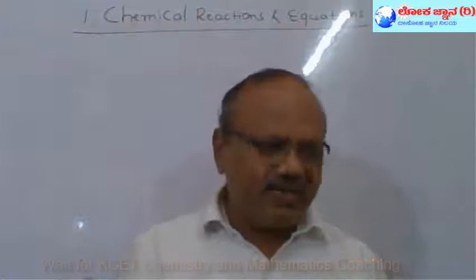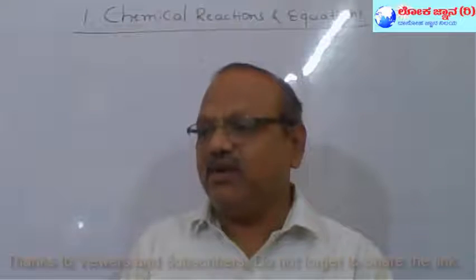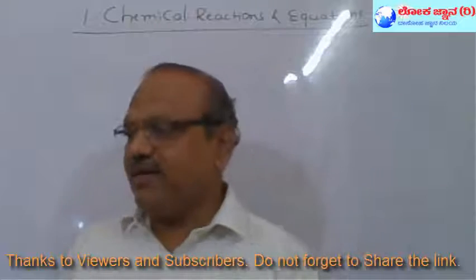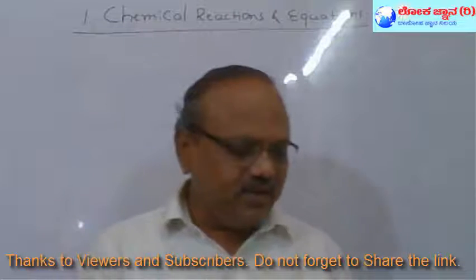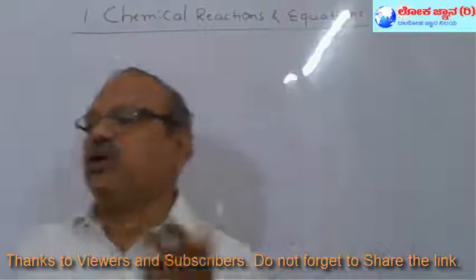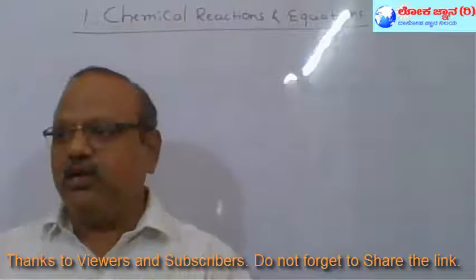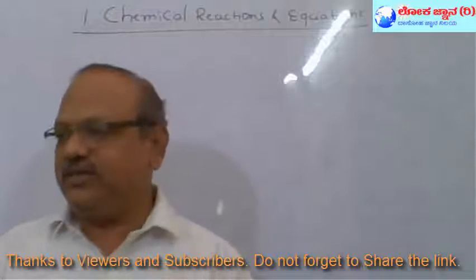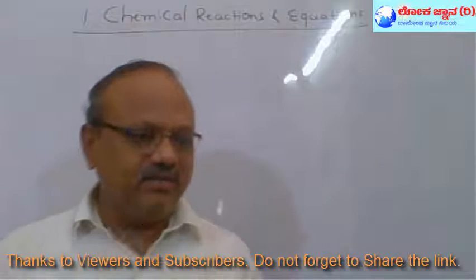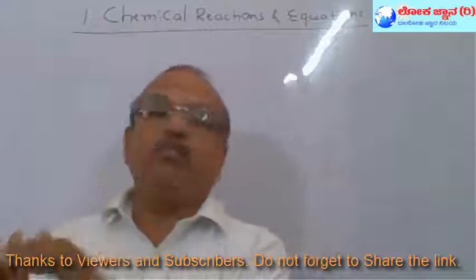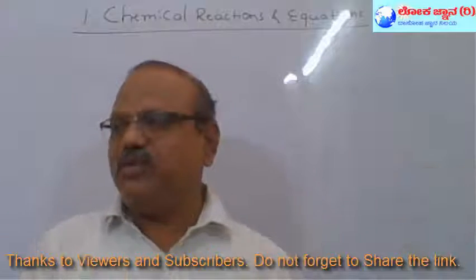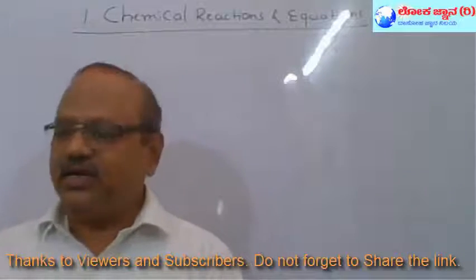Different types of reactions are classified on the basis of what happens in them. If two simple elements combine to form one product, it is called a combination reaction. If a compound decomposes forming two or more compounds, it is called a decomposition reaction.